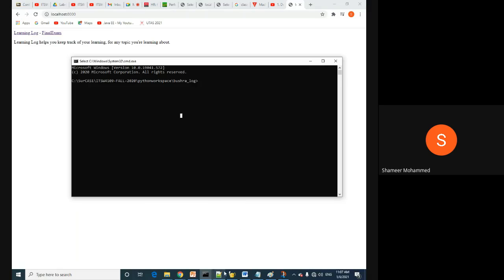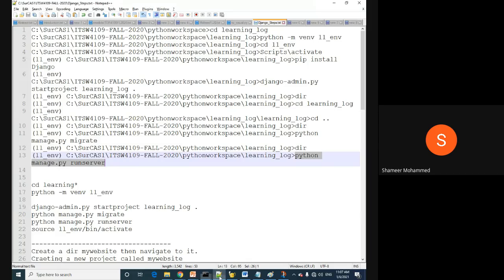So, simple steps, there are just four or five steps. First you create the project, you create the environment, activate the environment the first time, then install Django, then create the project structure, migrate the project, start the server.